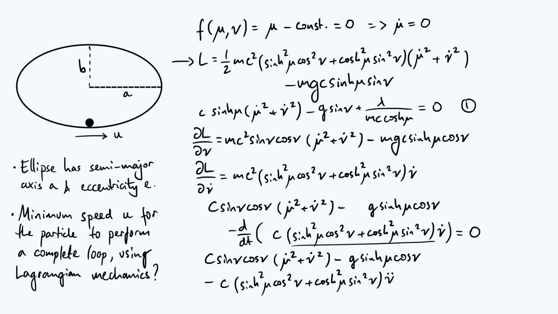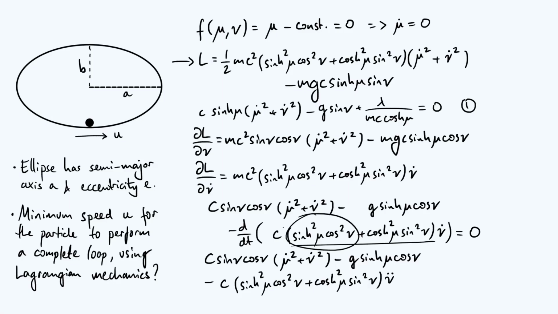To help with that, firstly, remember that mu is a constant. That's according to our constraint function. So remember that only nu is varying with time. If we look at that first bit, we differentiate it with respect to time. The sine squared mu will stay as it is because it's a constant. Then you will get minus 2 cos nu sine nu times nu dot from the chain rule.